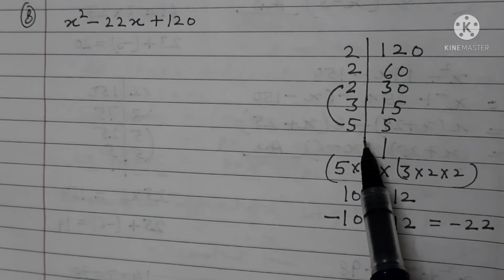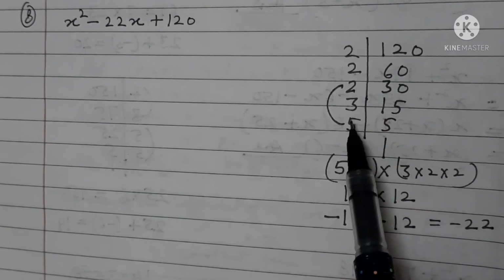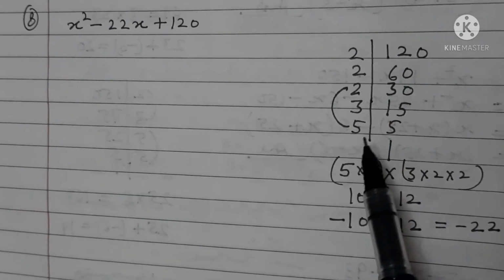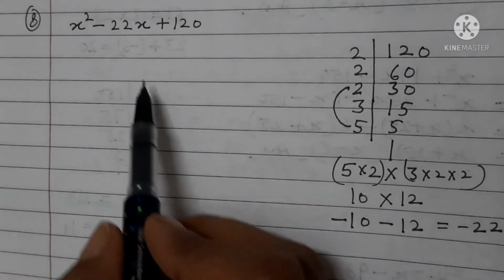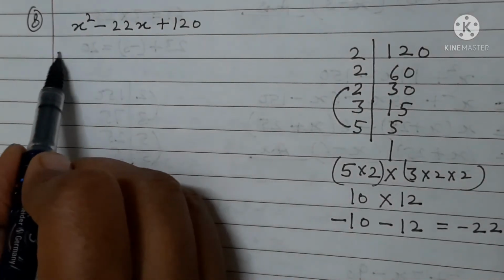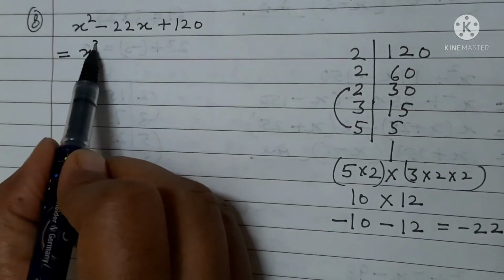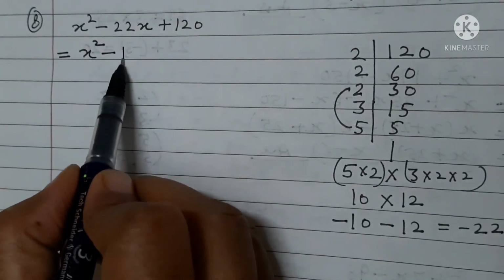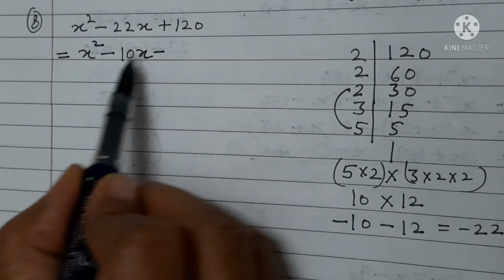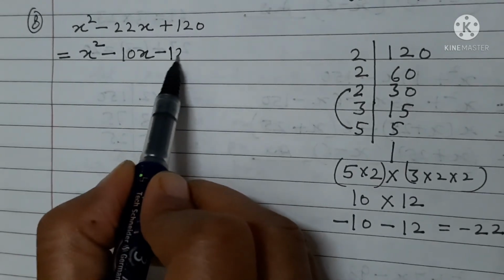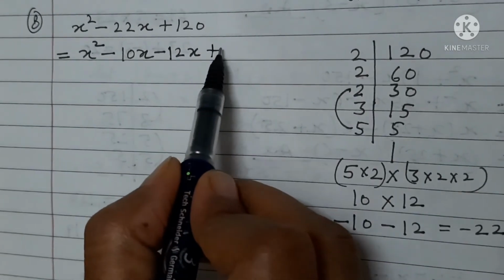Use prime factorization and make pairs so that you get two numbers. Now write down x square minus 10x minus 12x plus 120.